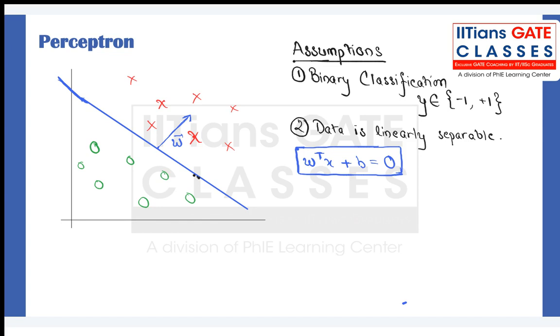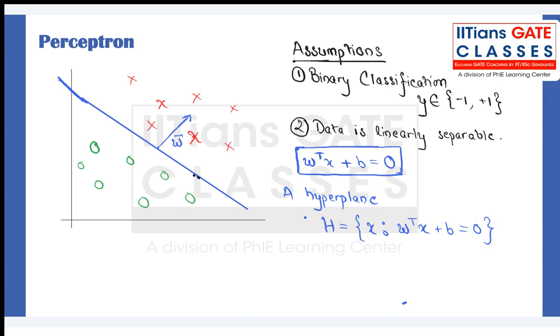So let us define a hyperplane. A hyperplane H is nothing but X such that W transpose X plus B is equal to 0. This is your hyperplane.